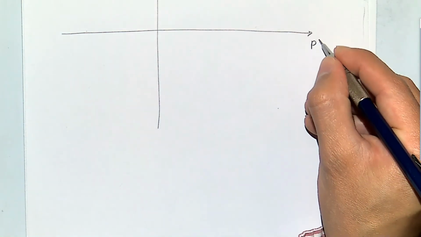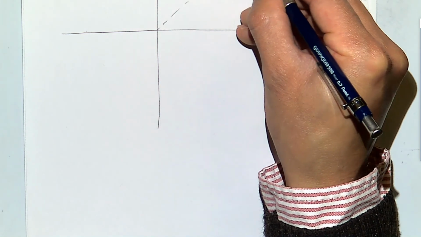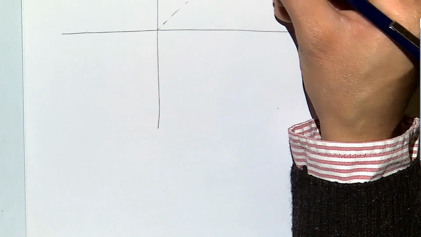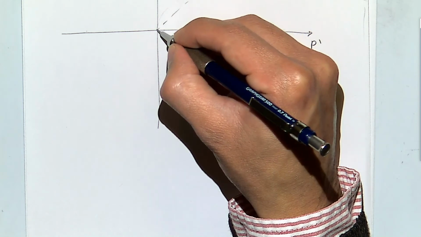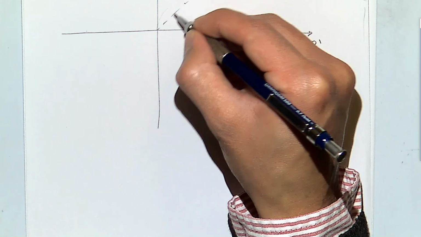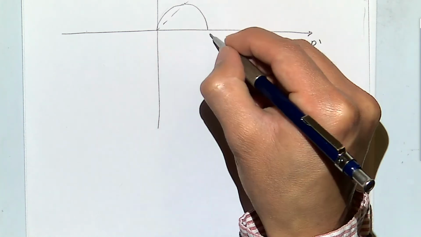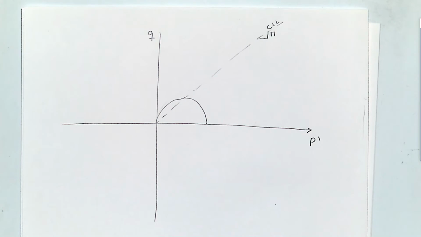Again, if this is Q, this is P prime. Let's say this is our critical state line, and let's say this is our initial yield surface.